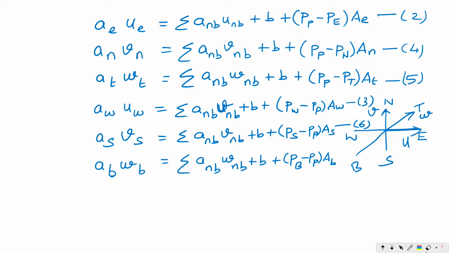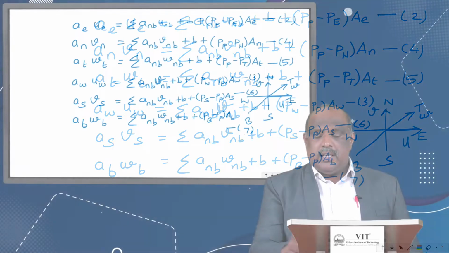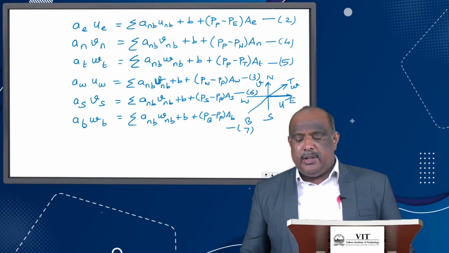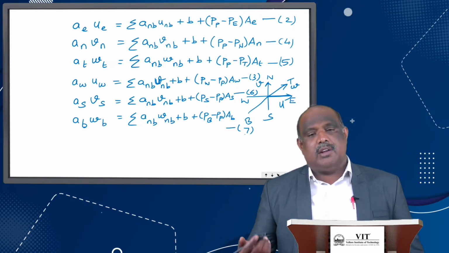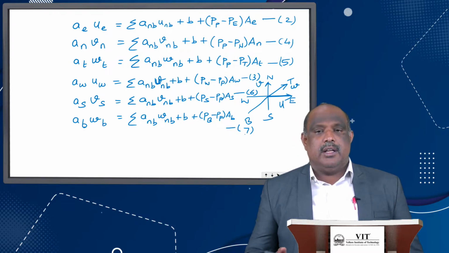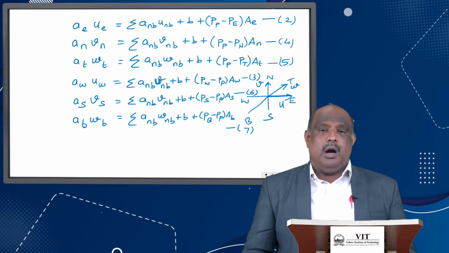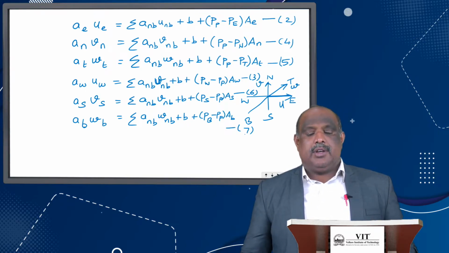So we are able to arrive at the different velocity components, namely ue along the x direction, similarly uw on the left-hand side face, similarly vn and vs, wt and wb. So these are the expressions. Don't worry about the equation numbers, let it be 2, 3, 4, 5, 6 or whatever; the order is not important, but we know how to arrive at these six equations.